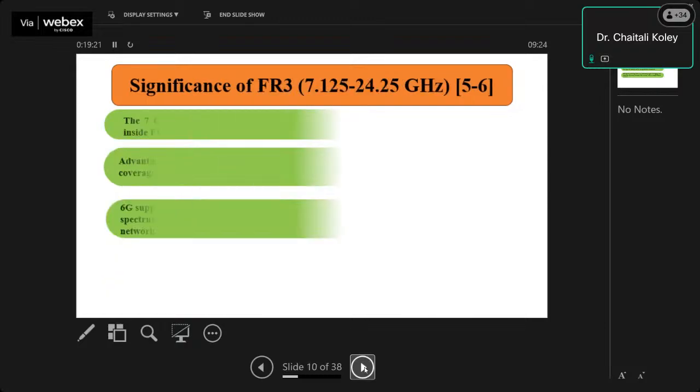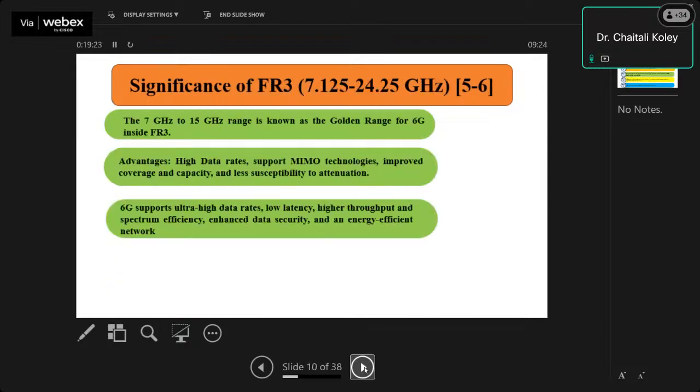Why are we choosing this band? Because it supports ultra high data rate, low latency, and higher throughput, and it can increase spectrum efficiency, enhance data security, and provide an energy efficient network. That's why this band is important.